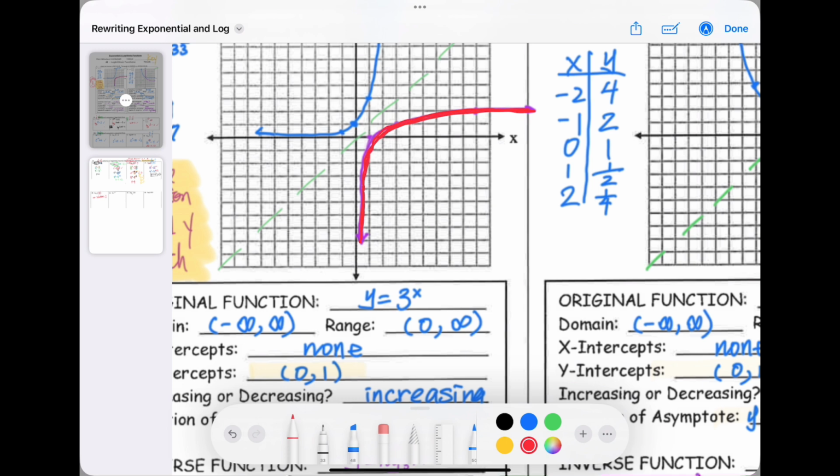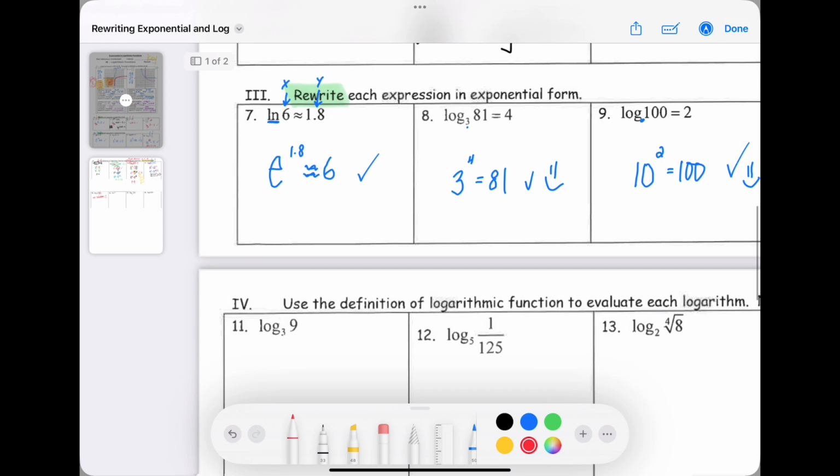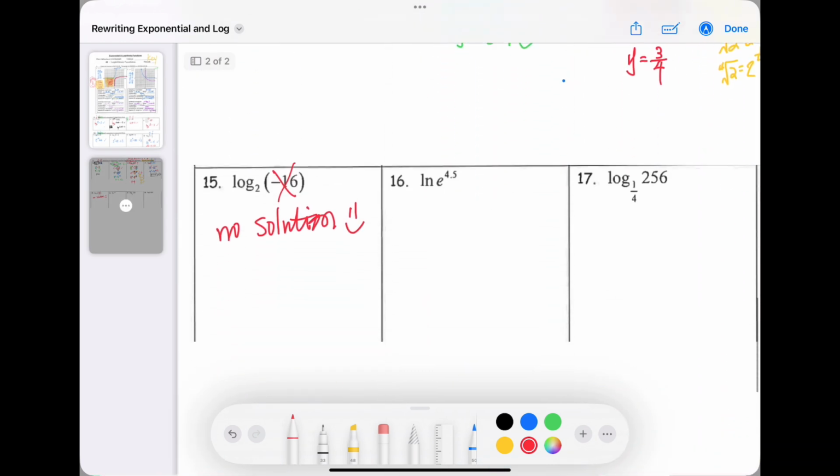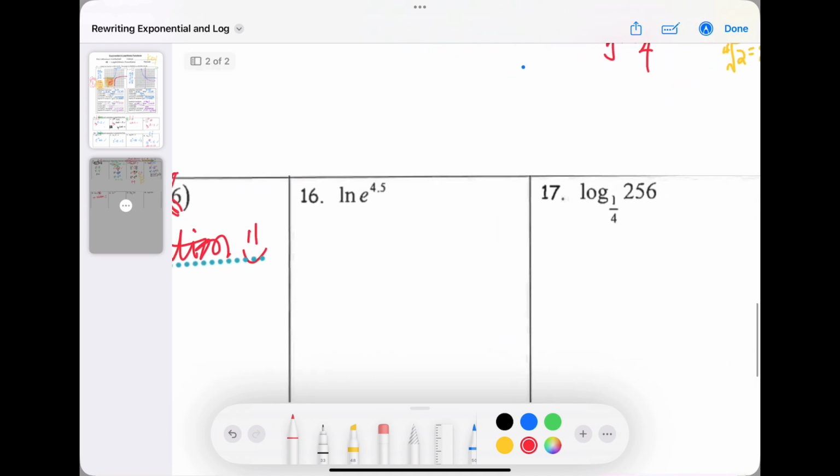It's negative? No. So this tells us I will never take any negative number here. So x cannot be negative. So therefore, believe in yourself. Log, you cannot give me an answer when you enter a negative number. Good. So no solution. You are correct.